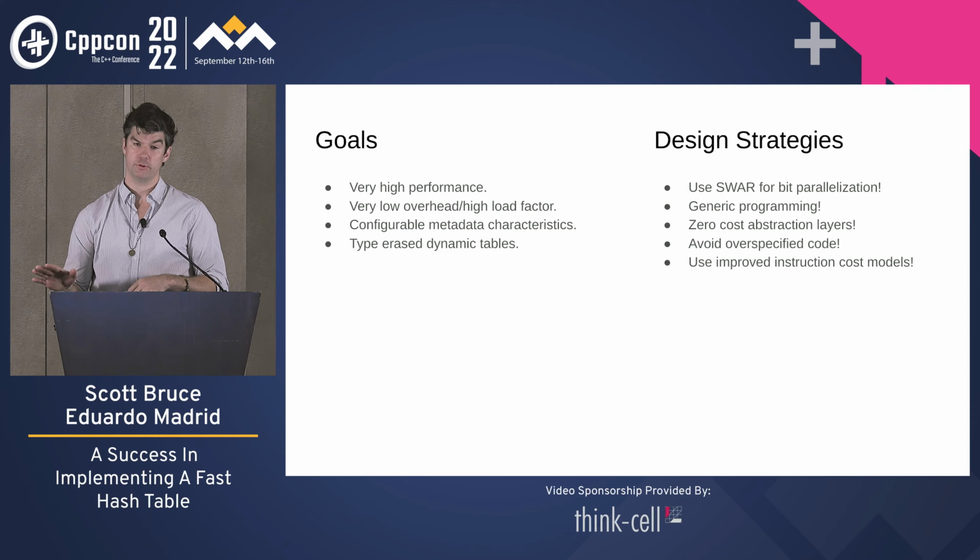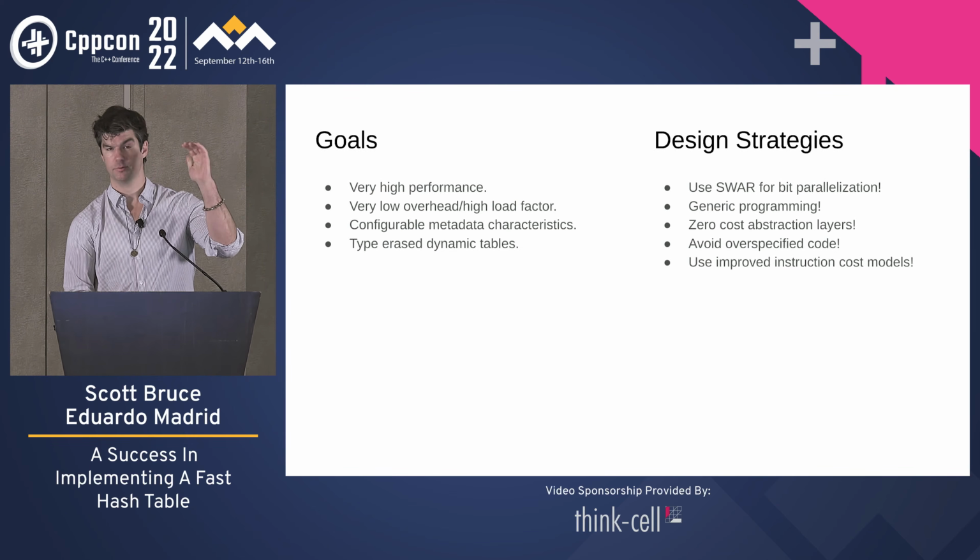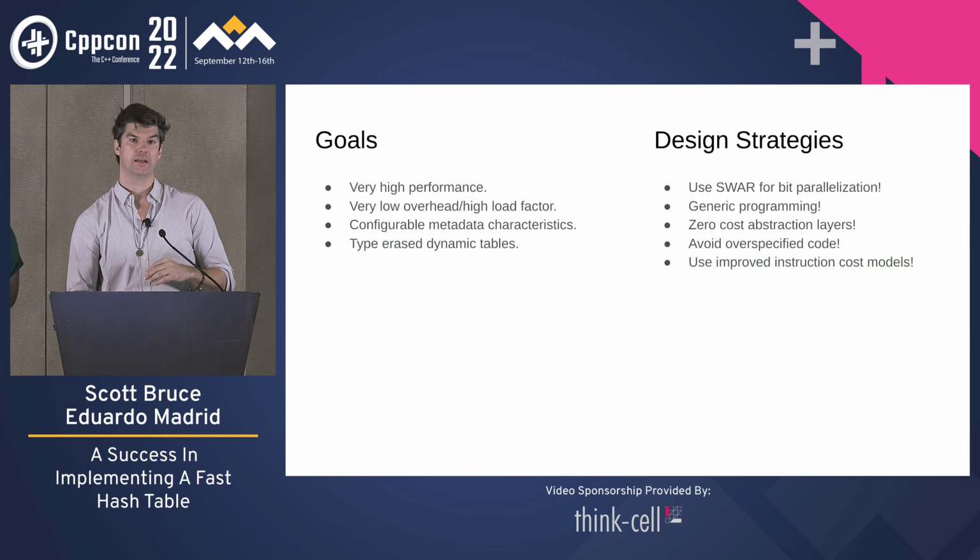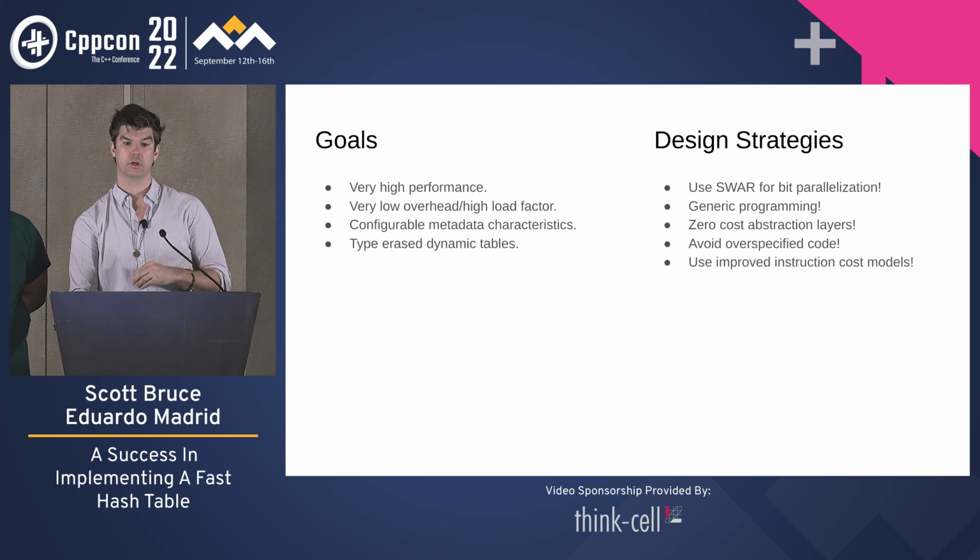The design strategies we use are SWAR for bit parallelization, doing parallel operations on our keys, generic programming to keep our abstractions healthy, zero-cost abstraction layers so that we can stack those abstractions really high for our understanding and yet still get very good output code, avoiding over-specifying code to give the optimizing compiler room to work, and using improved instruction cost models.